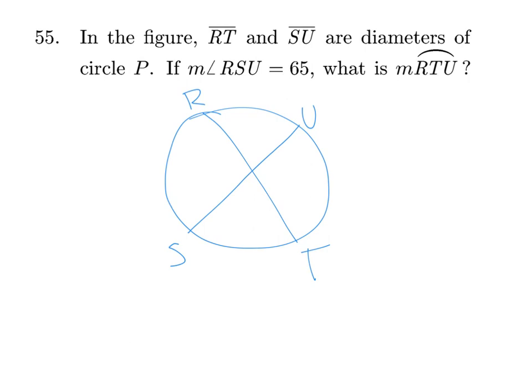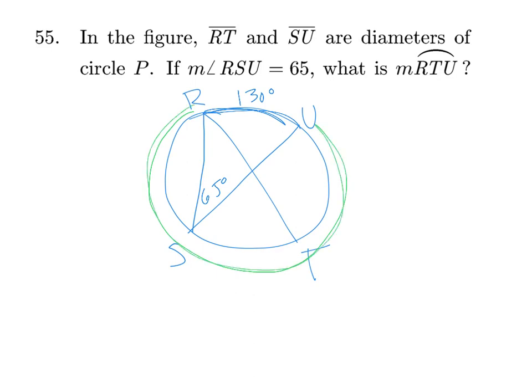So RSU is 65 degrees, and that's an inscribed angle, so this arc measure here is 130 degrees. They want me to find RTU, this arc measure. So I take 360 and I subtract 130. So I get 230 degrees. Done.